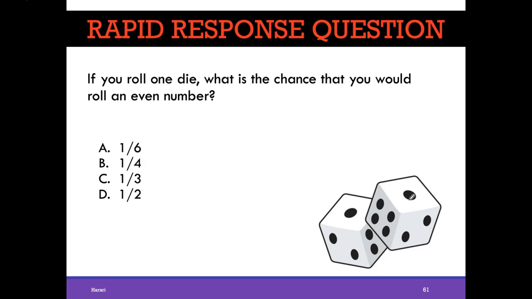So pause here. Since a die has 6 sides, 2, 4, and 6, 3 of the 6 are even. If you roll 1 die, you have a 3 out of 6 chance of getting an even number, which equals 1/2, or 50%. So the answer is D.